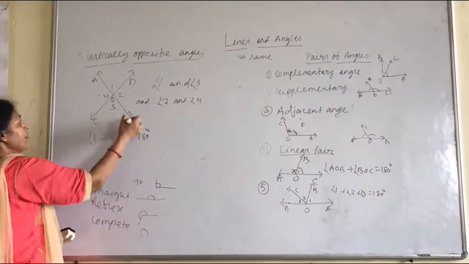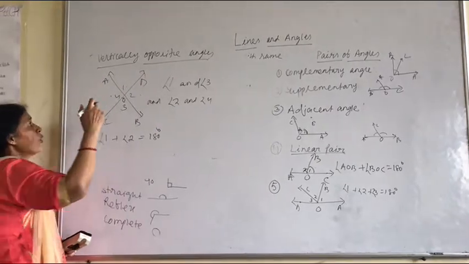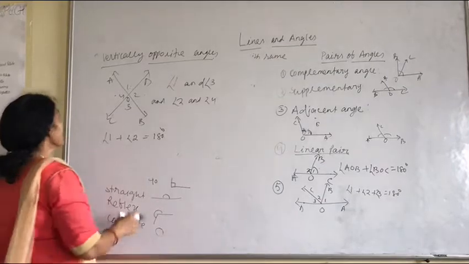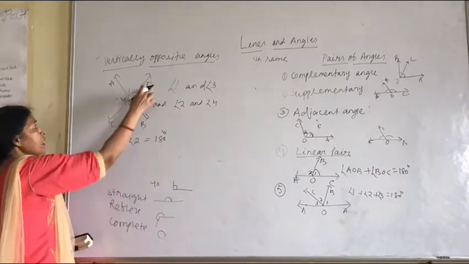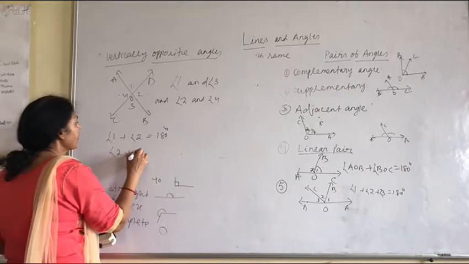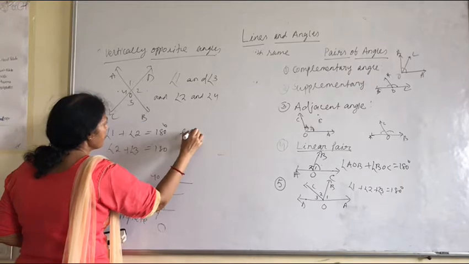If AB is the straight line and OD is the ray, then angle 1 plus angle 2 is 180 degrees. Similarly, CD is the line and BO is the ray, so angle 2 plus angle 3 is 180 degrees by linear pair.